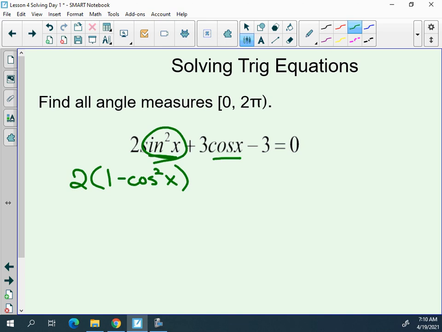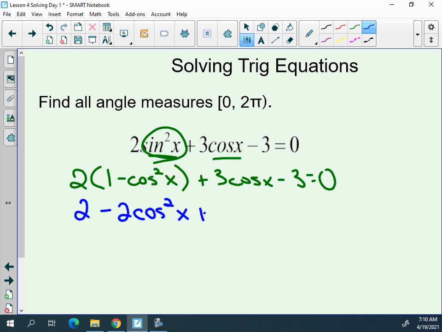So sine squared is the same as 1 minus cosine squared. I'm going to keep everything else the same. Okay, and I'm going to distribute my 2. So I have 2 minus 2 cosine squared x plus 3 cosine x minus 3 equals 0.